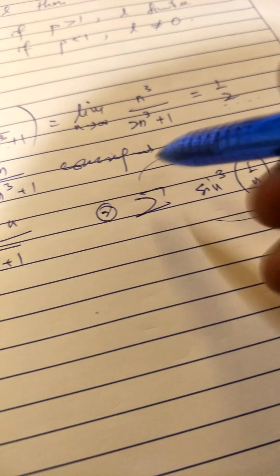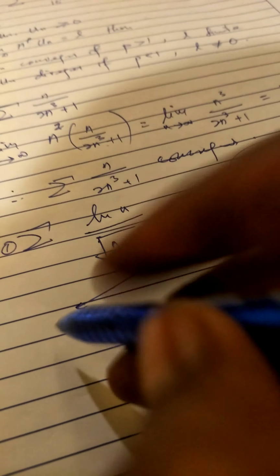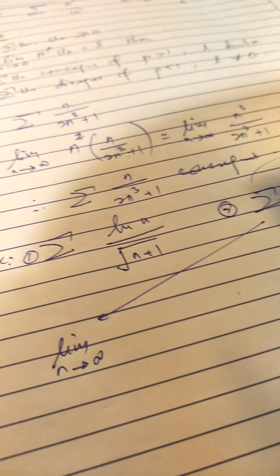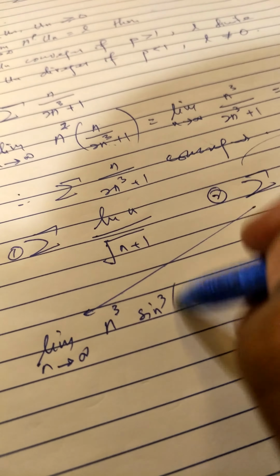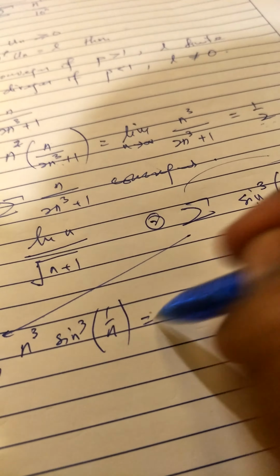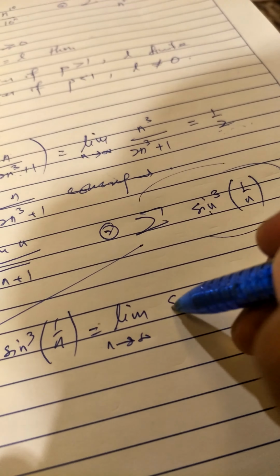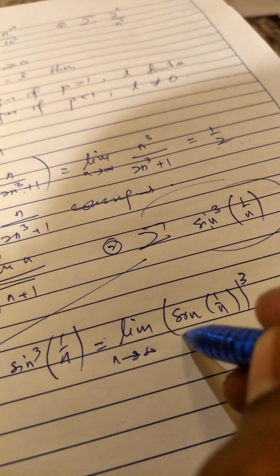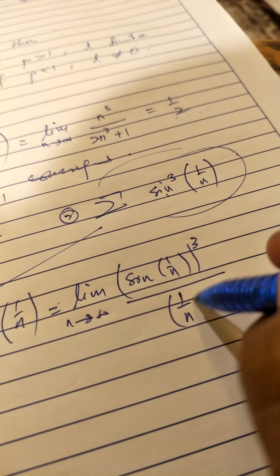Let me do this one, number 2. We take the limit as n goes to infinity. If we take p equal to 3, we have n cubed times sine cubed of 1 over n. I can write this as the limit of sine of 1 over n, everything to the power of 3, divided by 1 over n to the power of 3.